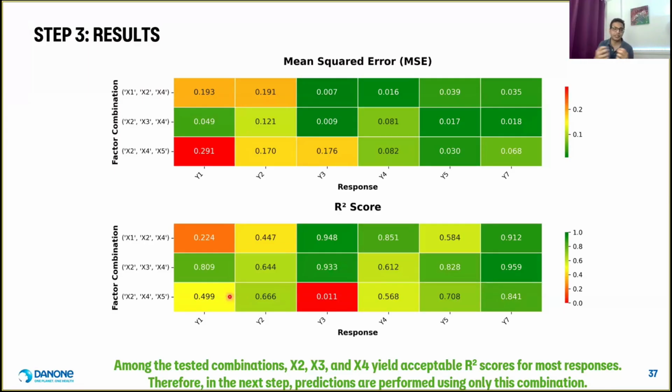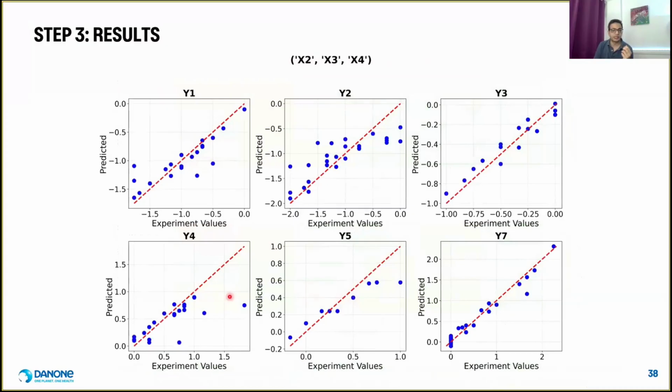So this is the combination with which we move forward. And this is how actual versus predicted values look. And you can see the models are not perfect, but still they are good enough to make predictions for this particular combination.